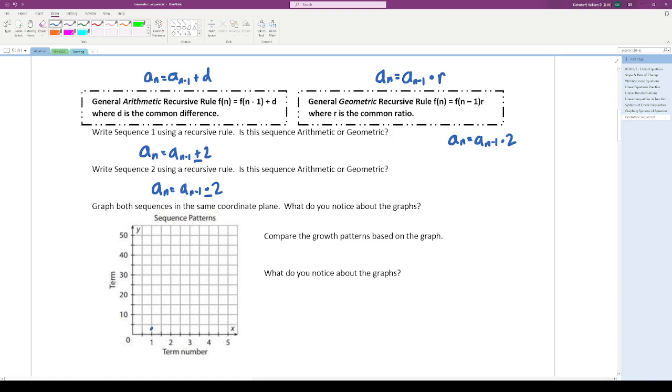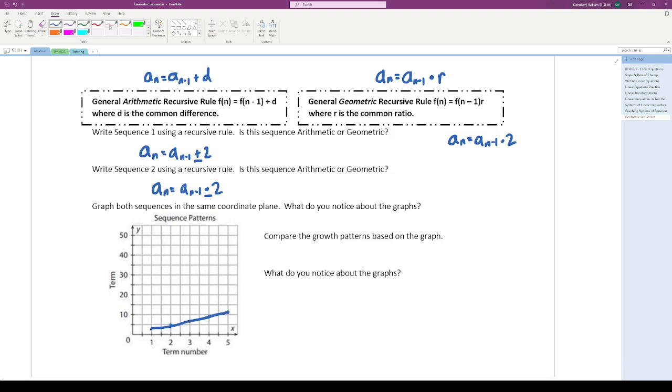And then when we added 2, our second term was 5. Our third term was 7, so a little bit above 5. And then at 4, we went to 9, just below 10. And at 5, we're just above 10 at 11. So if we connect those, we get a nice straight line because we have a slope of 2. We're adding 2 at every step.